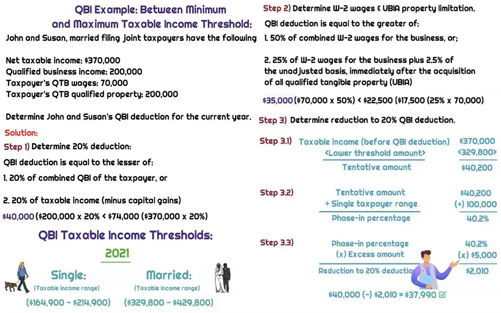So we take this $5,000 amount and multiply it by the percentage we calculated. This becomes what we reduce the 20% QBI deduction by. As you can see, this is a lesser limitation than had we just rolled right into step 2. Had we taken the deduction under the we made too much money scenario, then this limitation would be even more. So it's less of a limitation, which naturally makes sense.